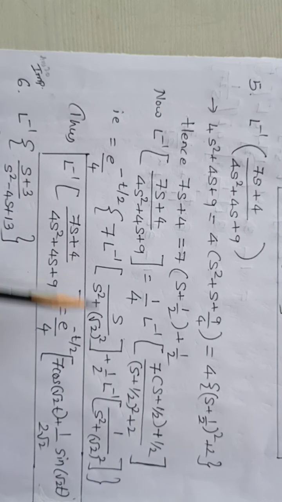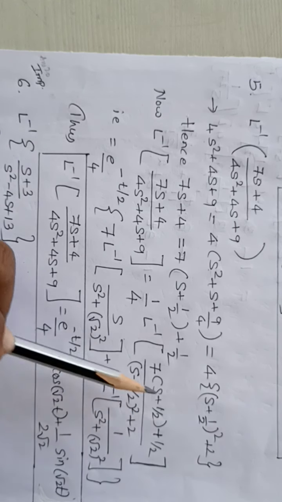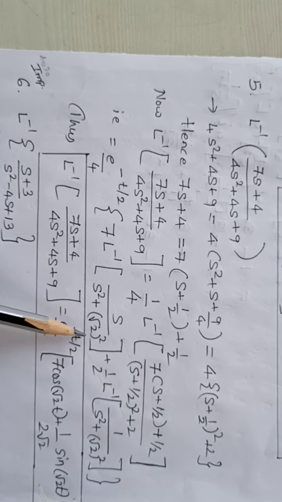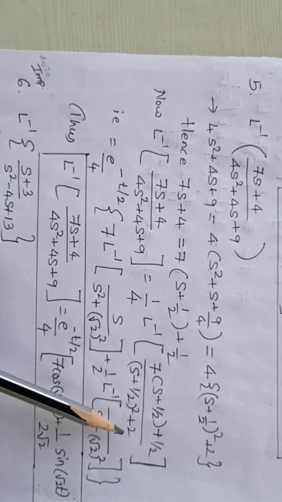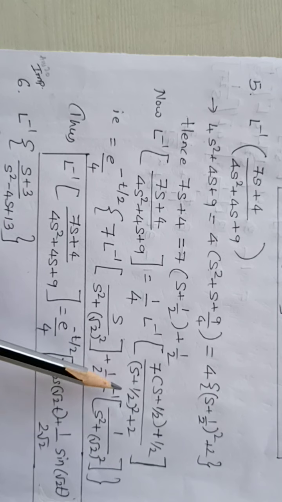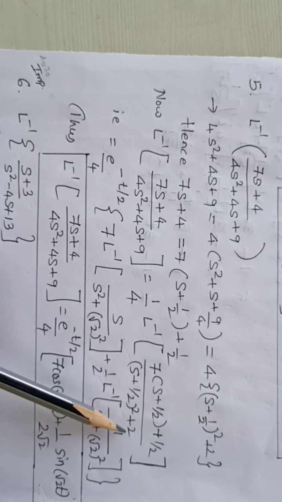Next, Laplace inverse of 7s, I had taken 7 outside. 7 Laplace inverse of s upon s square plus root 2 the whole square, plus half Laplace inverse of 1 upon s square plus root 2 the whole square, where s square plus a square with a square is root 2 the square.